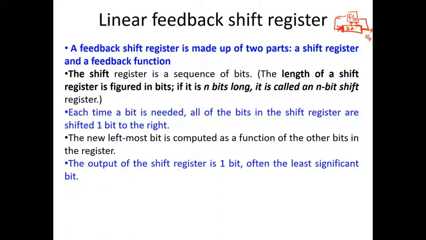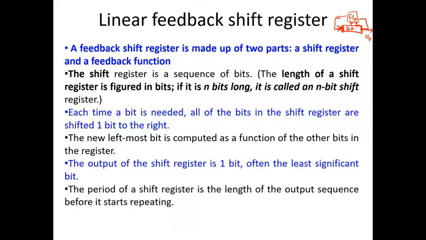The output of the shift register is 1 bit, often the least significant bit, but that's not always the case, remember. Usually the LSB will be the output, but it is not always true. And the period of a shift register is the length of the output sequence before it starts repeating. Just like how we considered in LCGs, here also the period of the shift register is the highest length of output I get until it starts repeating.